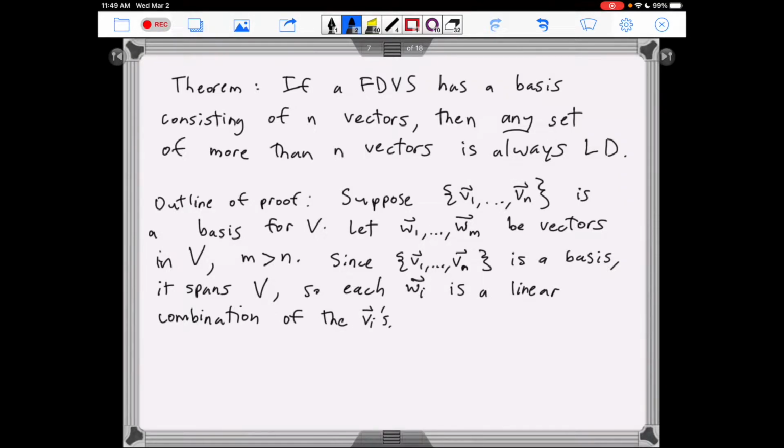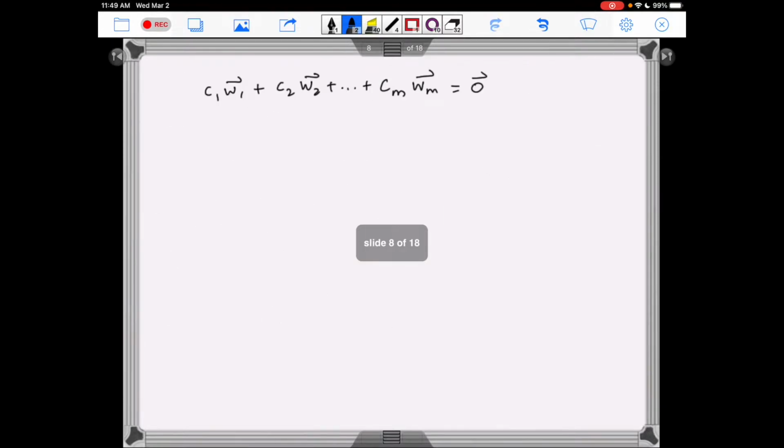Okay? So you can take each W and write it as a linear combination of the V's. Okay? So let's keep that in mind.